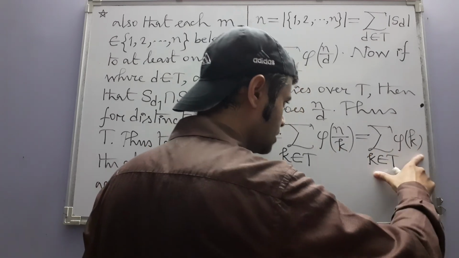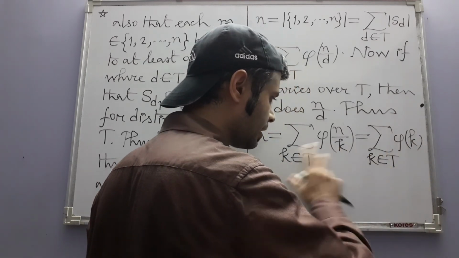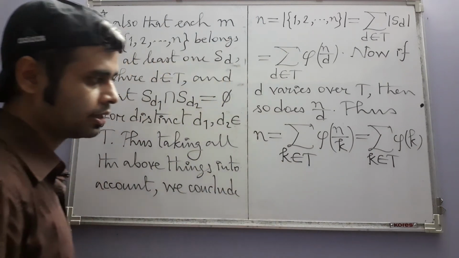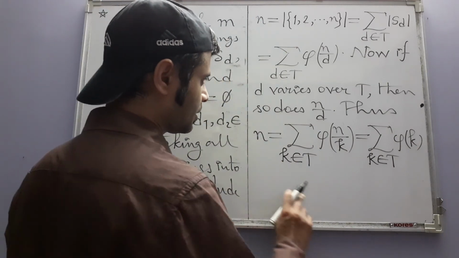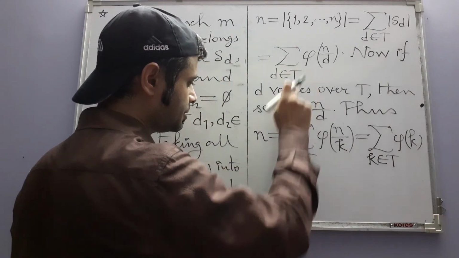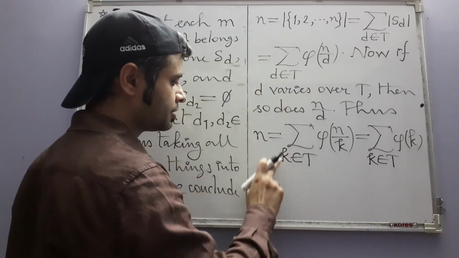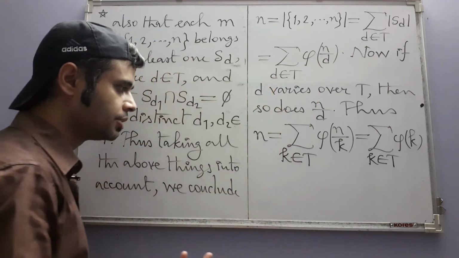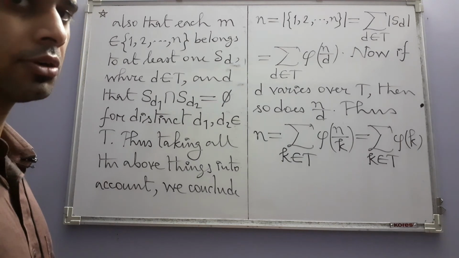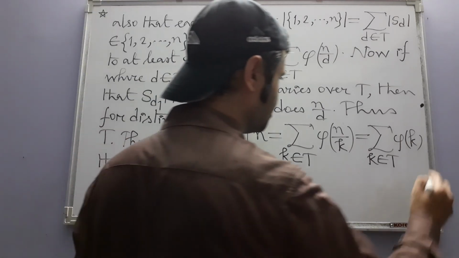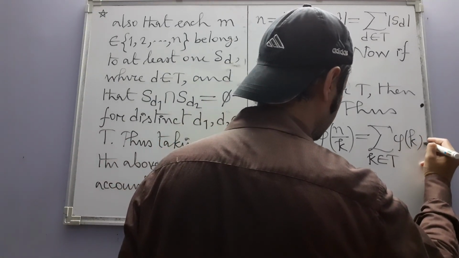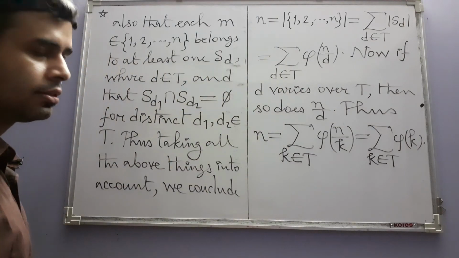So this is simply a rearrangement of the terms of this finite sum. I hope you understand why this is equal to this. We have just simply decided to name this variable k. Instead of calling it d, we are just calling it k, that's all. It's a dummy variable, so nothing will change. And that's how we have the proof.